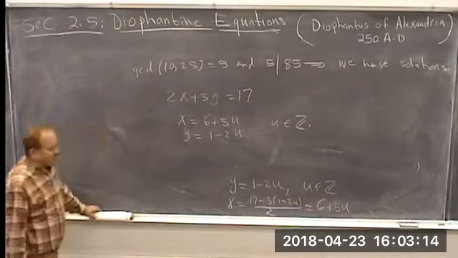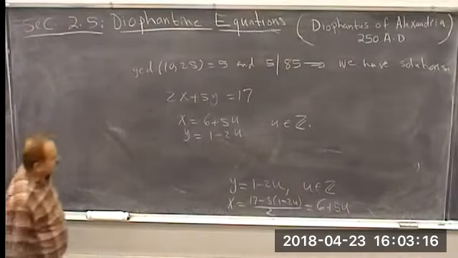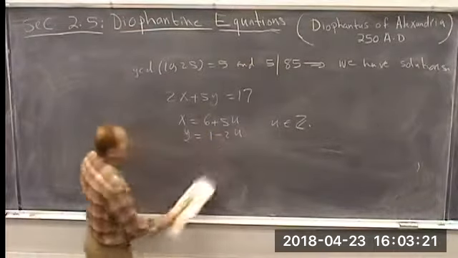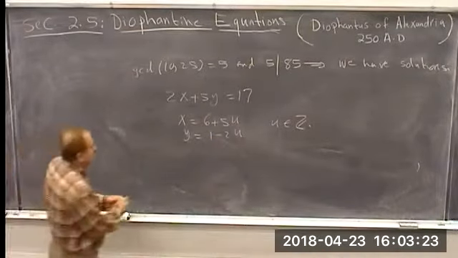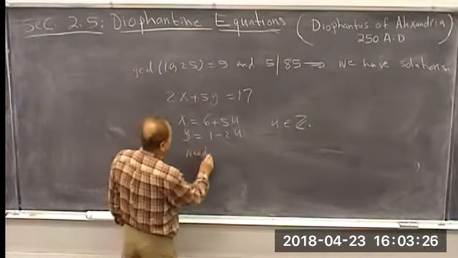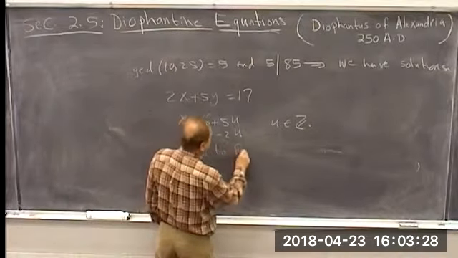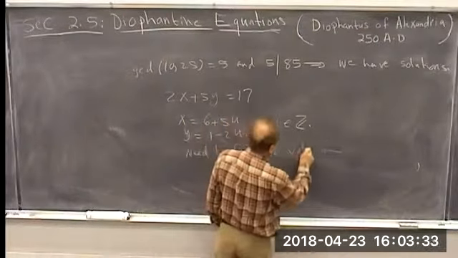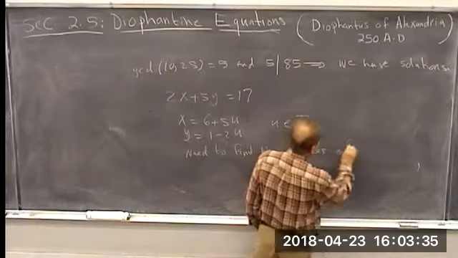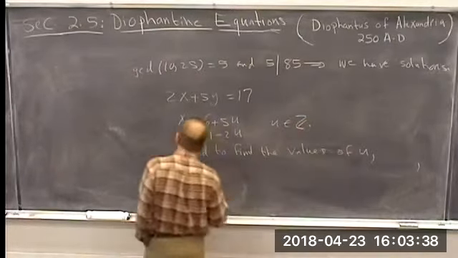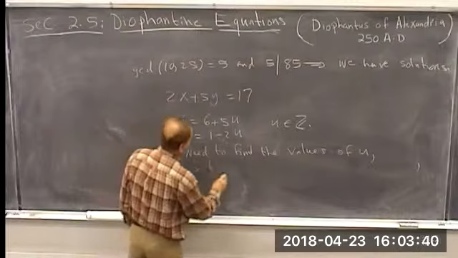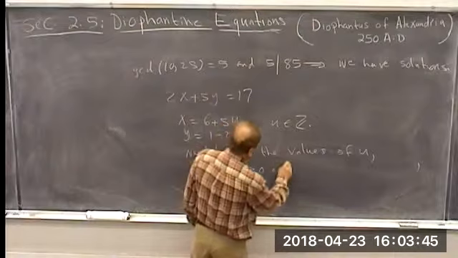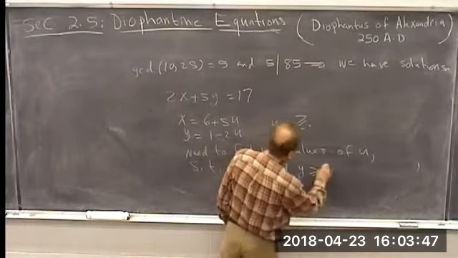Now, in order to find non-negative solutions, we need to find the integer values of u such that x is bigger than or equal to 0 and y is bigger than or equal to 0.